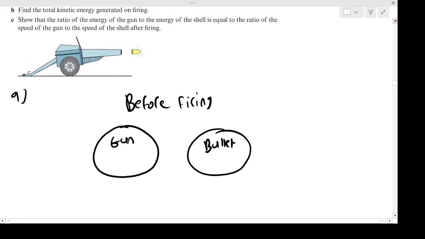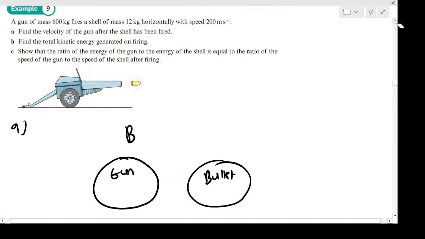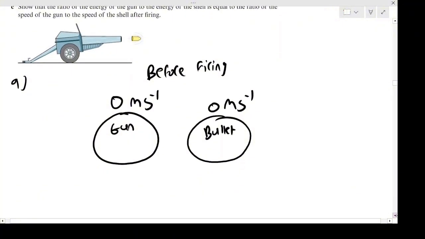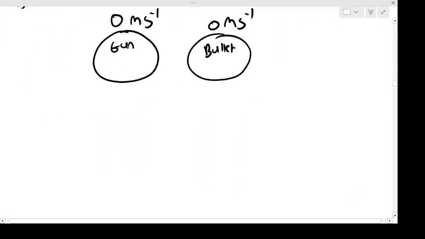Before the firing, they've not fired yet, so actually both the gun and the shell can't be moving because nothing's happening yet. They're both standing still effectively. So they both start at rest with 0 speed. So there's no motion before the firing. Then of course it fires, and then afterwards we have this.